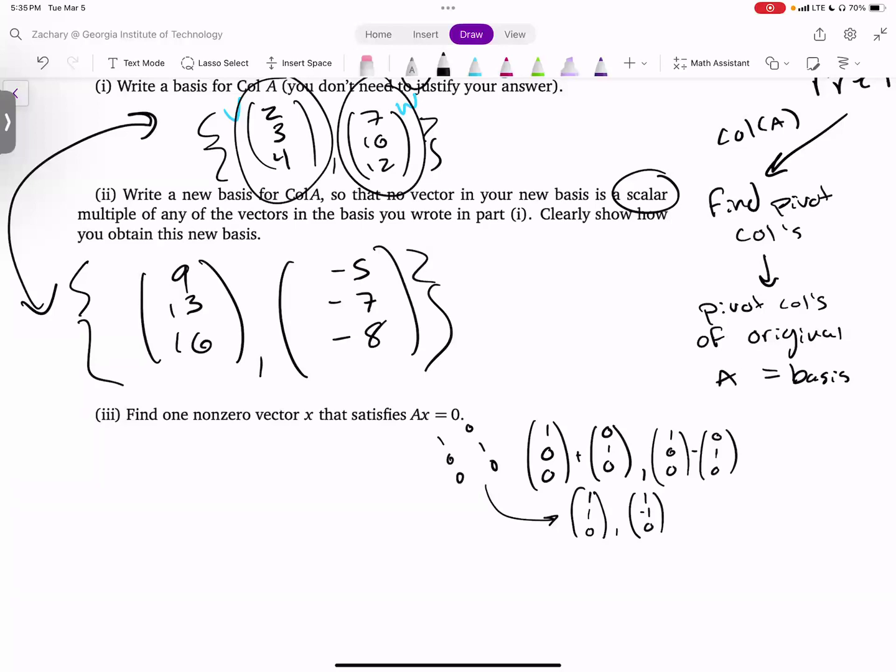Can you say that again? I know you just explained how you got 9, 13, and 16. Would you just show the numbers you used for that? Yeah, so this is just adding v plus w, which are these two vectors up here, and this one is just v minus w.